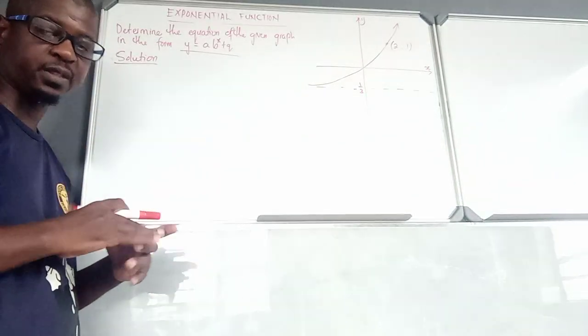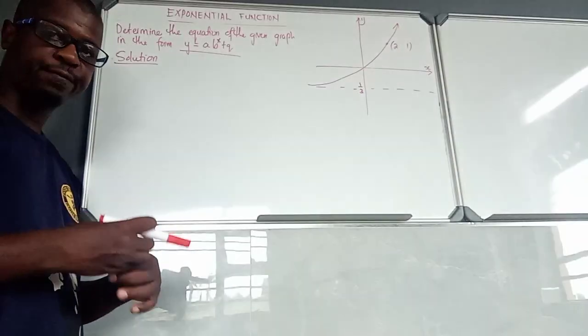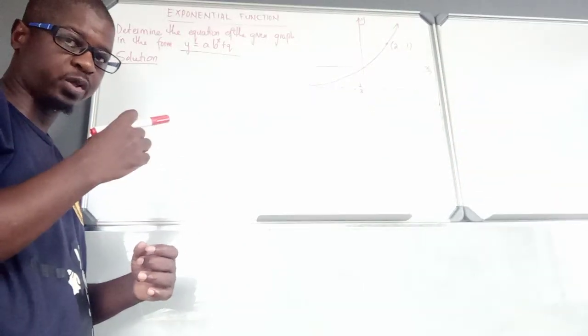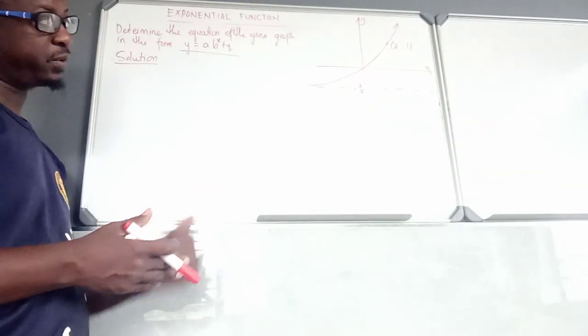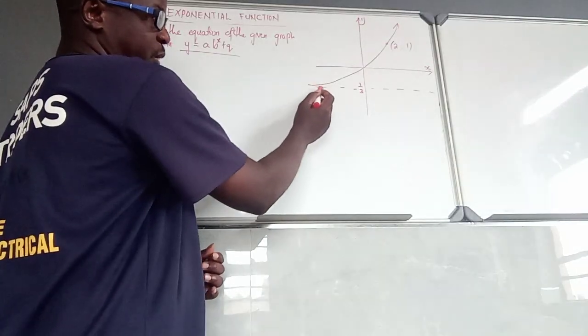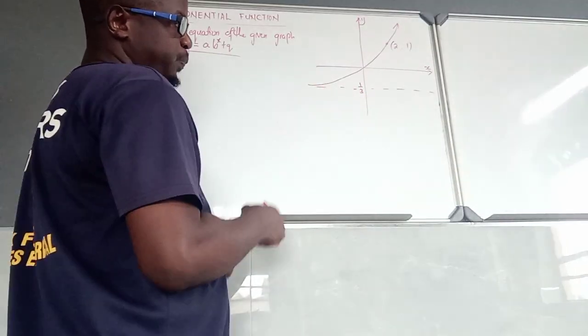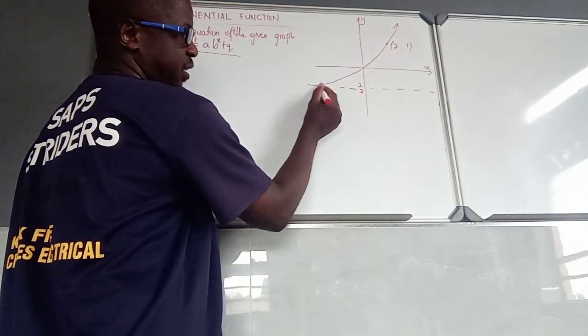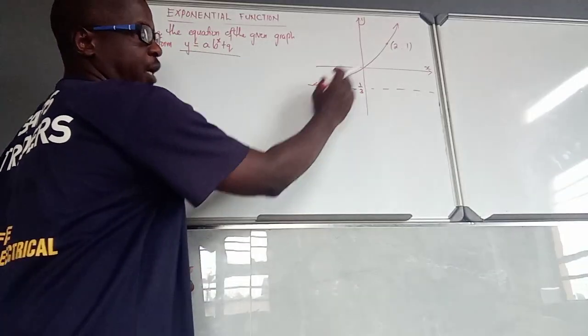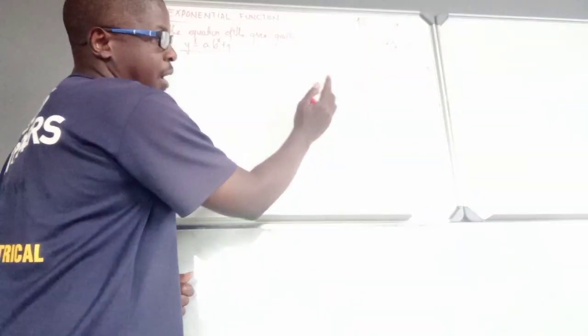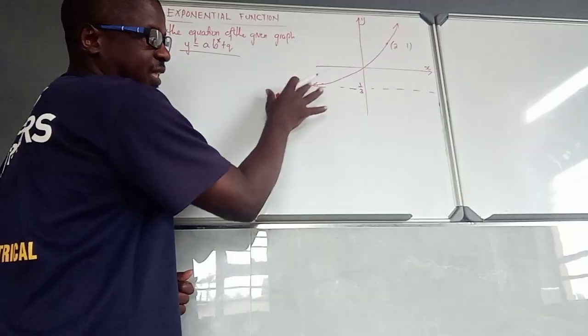First things first, we need to identify what our asymptote is. If we look at that graph, we can see that we have an asymptote here. What is an asymptote? Our asymptote is this line, which the graph approaches but doesn't touch.